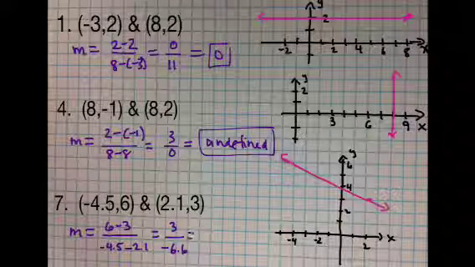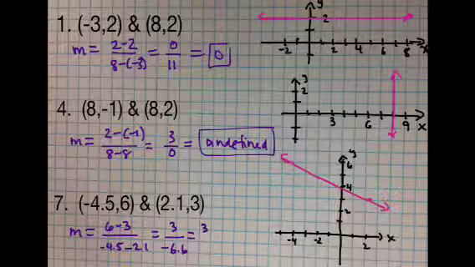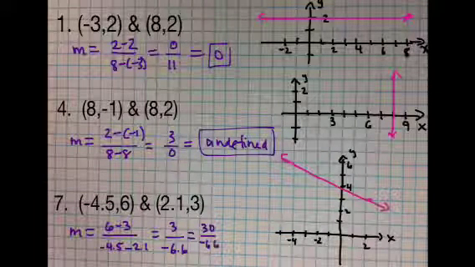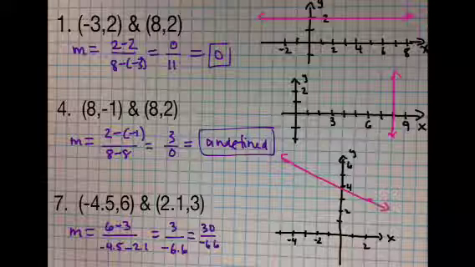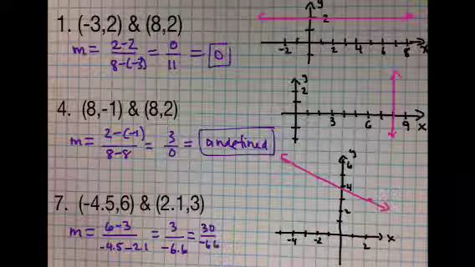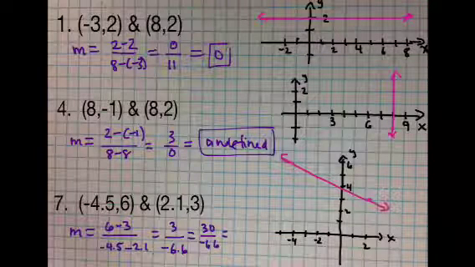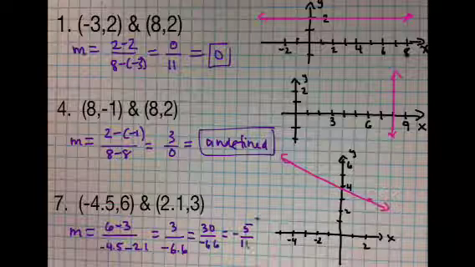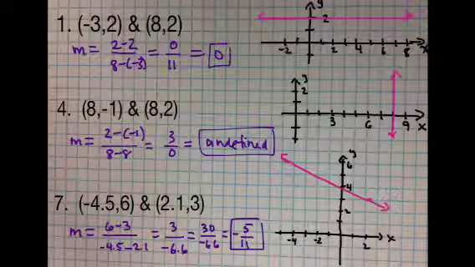You can multiply top and bottom by 10. So that gives you 30 over negative 66, because we're actually multiplying by 1, right? 10 over 10 is 1. And then reduce it, so I can reduce this by 6. So this is negative 5 over 11. That would be the slope.